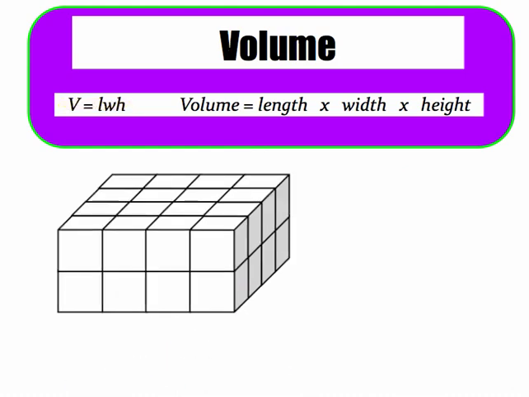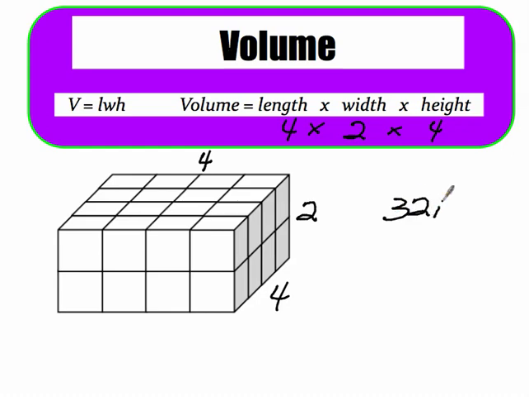Let's look at our next shape. And let's first count. 1, 2, 3, 4. 1, 2. 1, 2, 3, 4. So length times width times height. 4 times 2 is 8. 8 times 4 is 32.